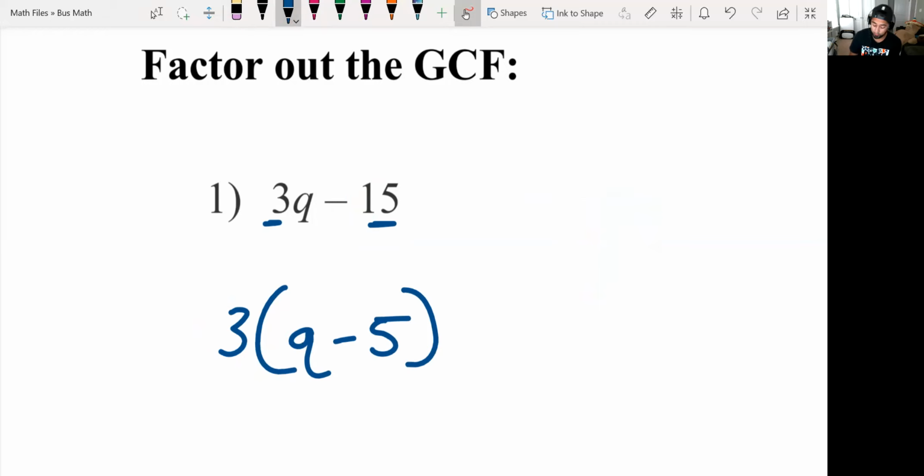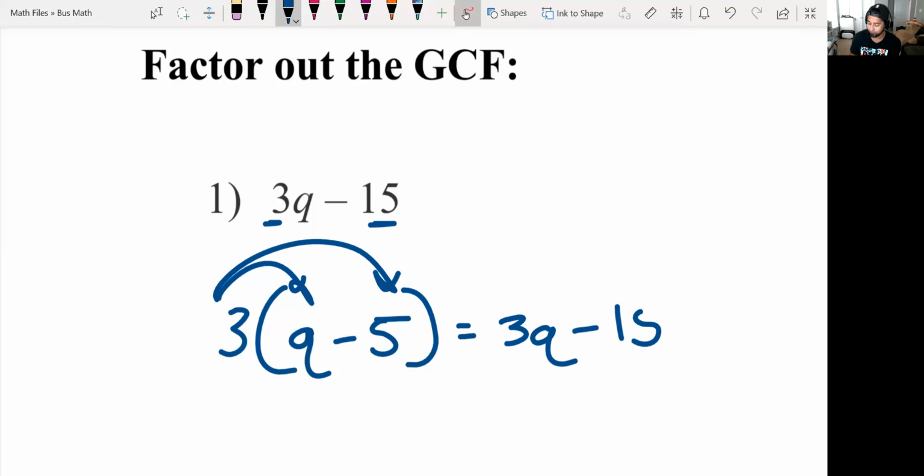Now, of course, how do you check your work? You just reverse the process. Distribute the 3 back in and see if we get the original problem. 3 times q is 3q. 3 times negative 5 is negative 15.